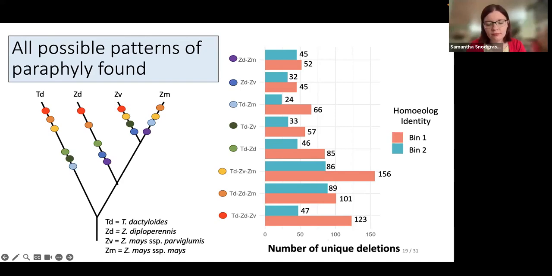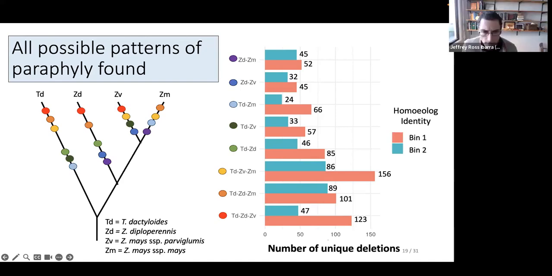Mm-hmm. And so I wonder if that difference is telling you something. I don't know if that represents a problem in your estimates of loss, or could it be something about selection on one lineage? I know these are all preliminary, but it might be worth looking at the patterns that you would expect under ILS and asking where you see deviations from that pattern.